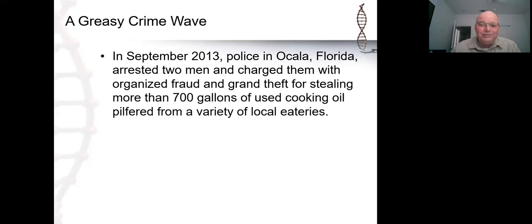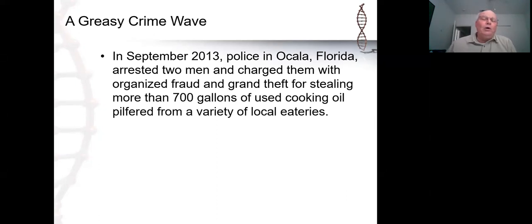And unfortunately, a lot of strange things seem to be associated with Florida. One of the strange things that was reported back in 2013 was that two men were stealing used cooking oil. And you have to ask yourself, what on earth does that have to do with photosynthesis?